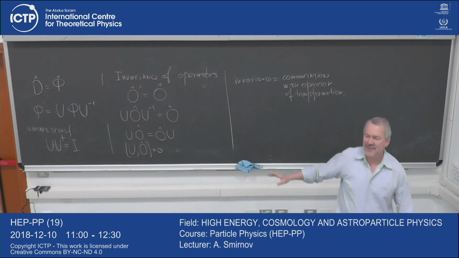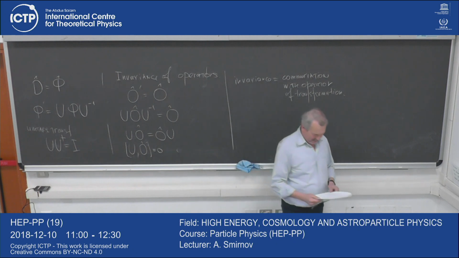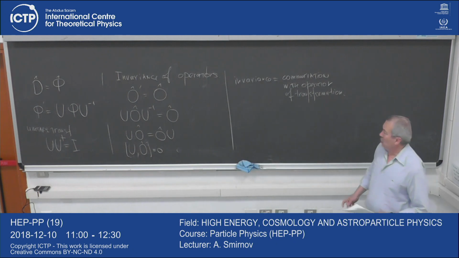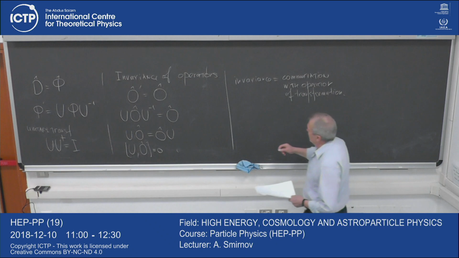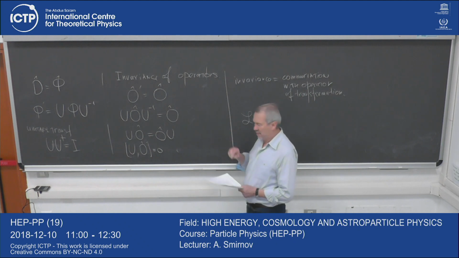Simple, right, and elegant. You know, it's not like you are inserting something. You just should check this. So, since I said that in most of the part of our lectures I will discuss invariance of Lagrangian, which is an operator, right?